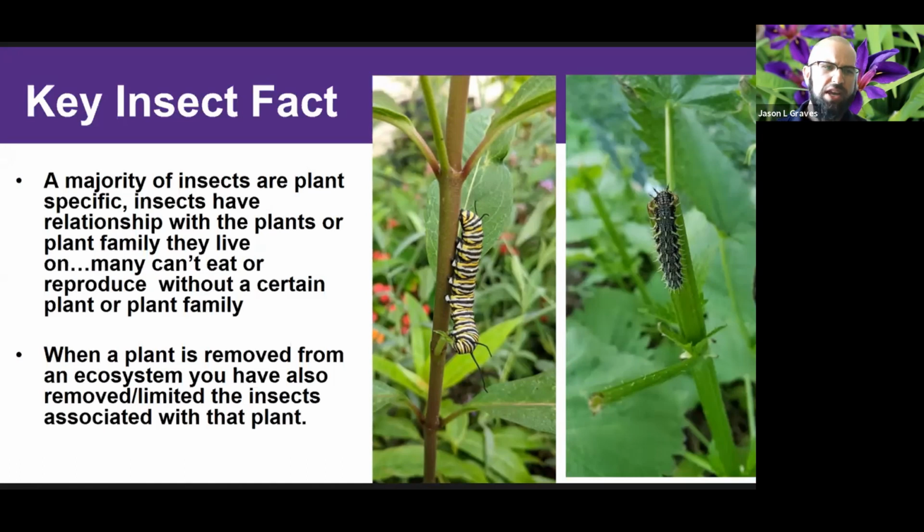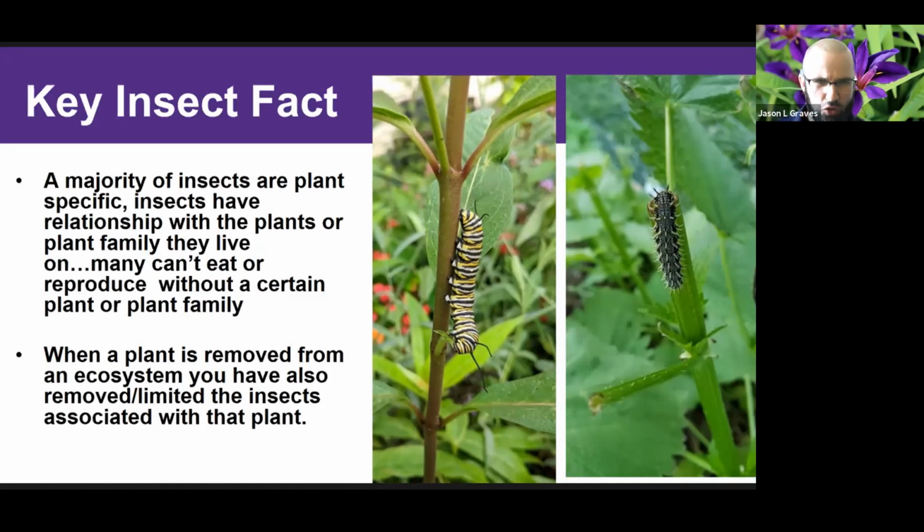So obviously it's important to remember that we have host plants and insects are specific to plants or plant families. And so when we remove a plant from an ecosystem, we've also removed or limited insects associated with that plant. And you can see here in these pictures, just a couple that I've snapped over the last couple years.